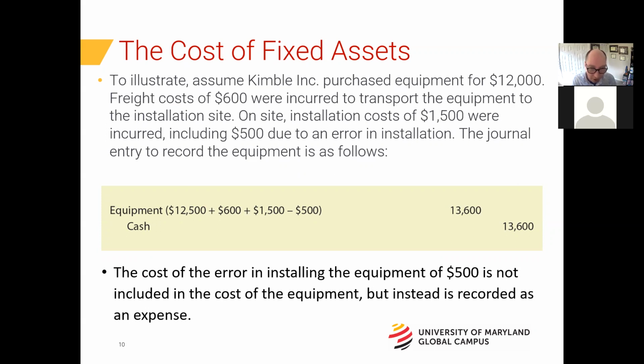So, in this journal entry, we debit equipment to increase our asset account by the purchase price plus the cost of freight, the cost of installation, minus any errors made. And we credit cash to reduce our cash account.